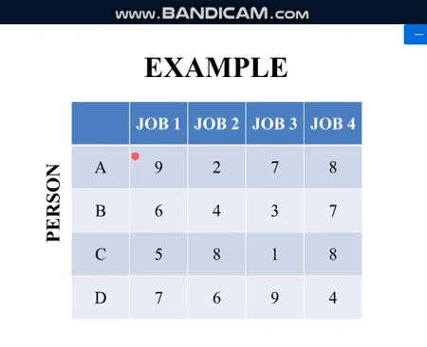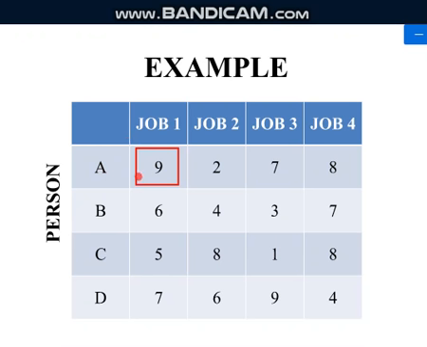Okay, so now let us just randomly try to allocate some values. For example, if I allocate this job 1 to person A, then I cannot allocate this job 1 to any other person, or I cannot allocate job 2, 3, 4 to person A. Okay, as it is 1 to 1.